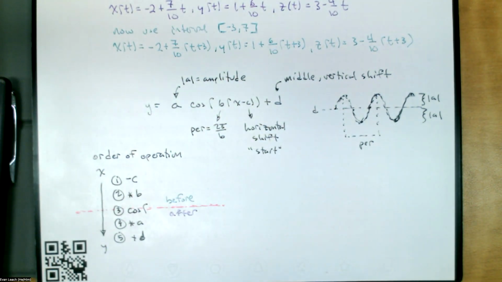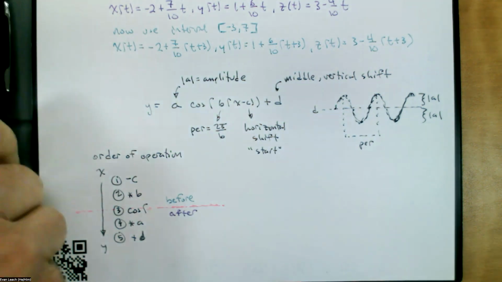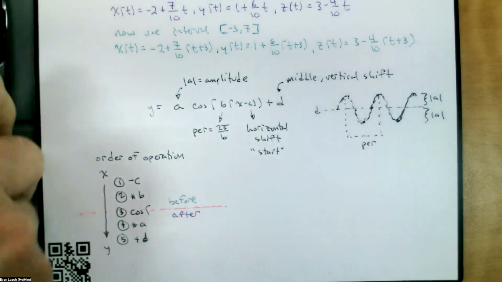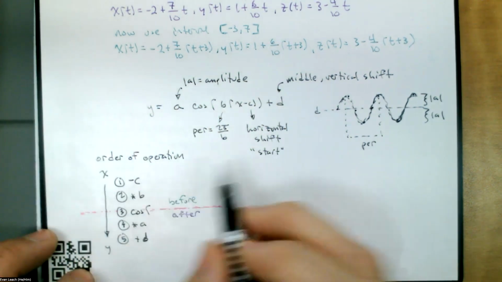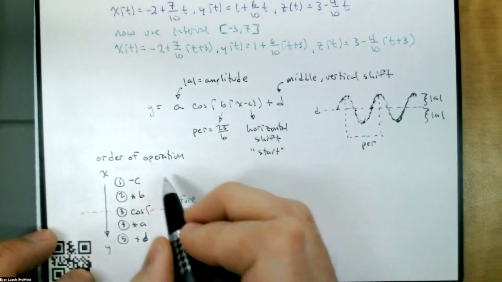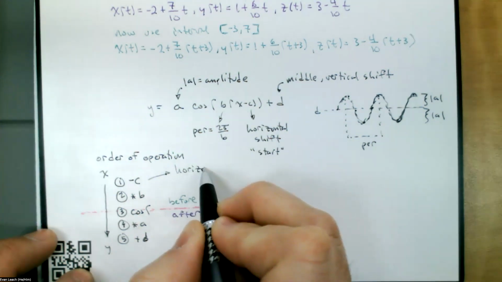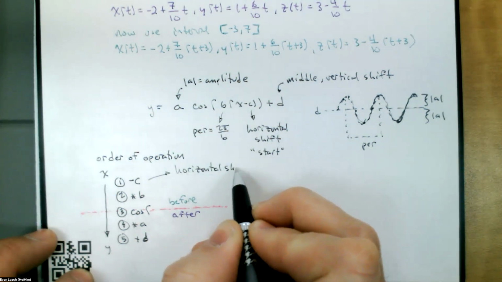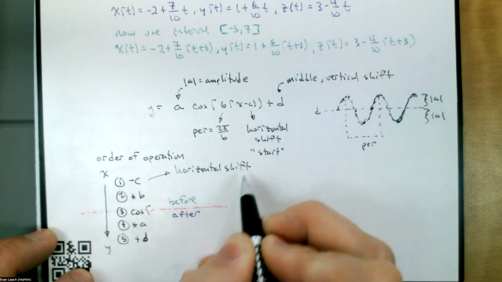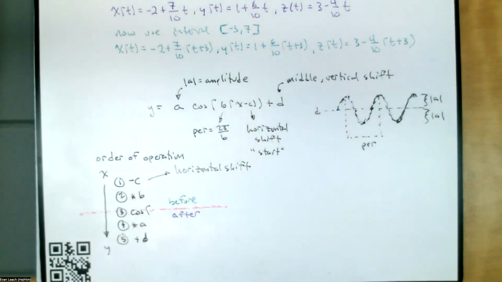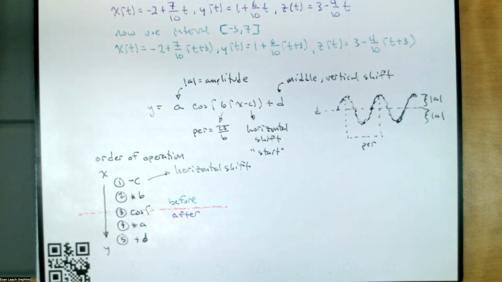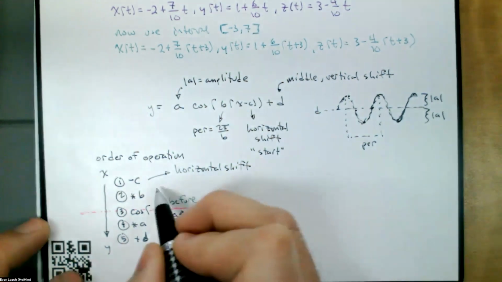Before the trig function happens, we have subtracting C. What effect does that have? Subtracting C is the horizontal shift. Multiplying by B is going to produce horizontal stretching or compression.